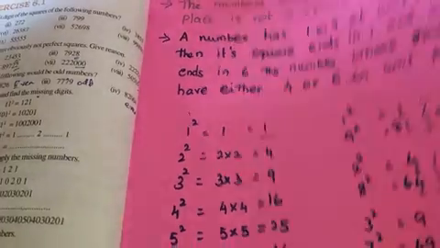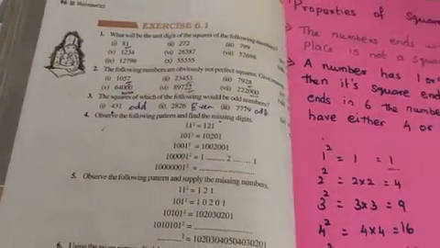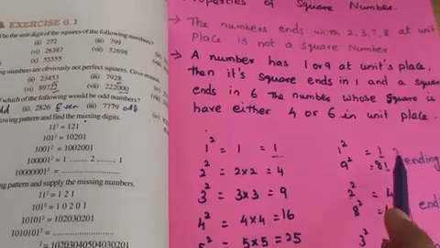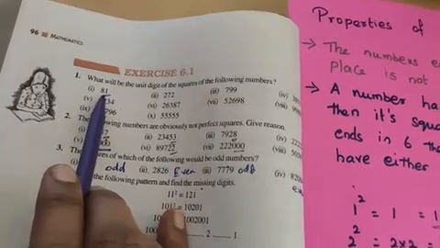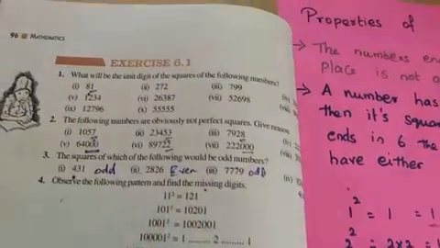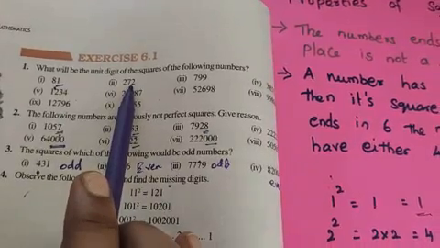So you have to check. Now we can solve question number 1. It's easy for you to understand now. Now we have seen if the unit place has the number 1 or 9, their square ends with 1. Right? In question number 1 you see 81. Unit place is 1, so the square of this number ends with 1. Now you see unit place is 2.